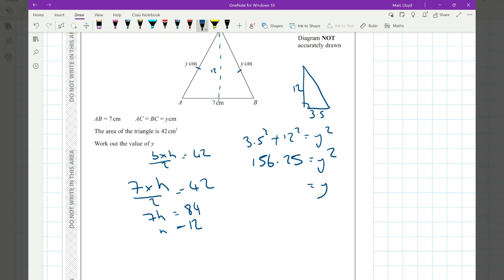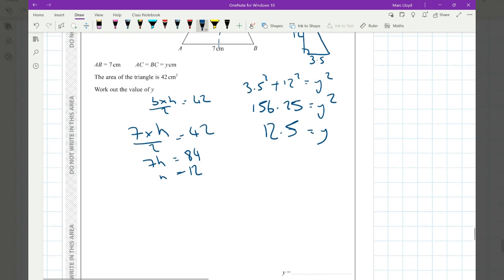So we're going to square root it. And it gives us 12.5. If anyone knows how to make the calculator default to decimals rather than giving me the answers as fractions every time, put something in the comments so that I can learn from that, because it's absolutely killing me, the ClassWiz.